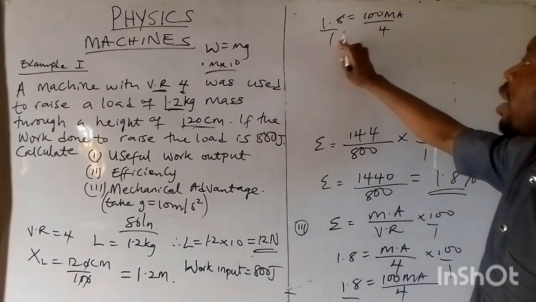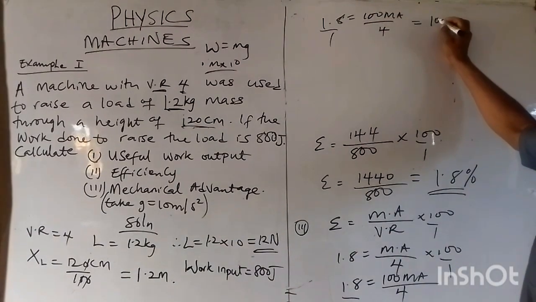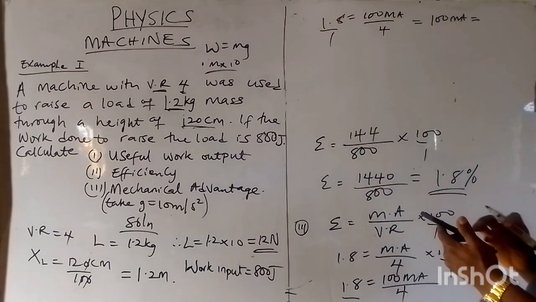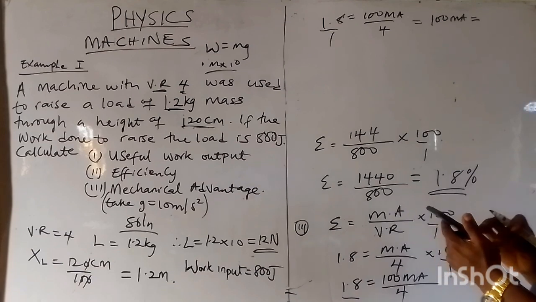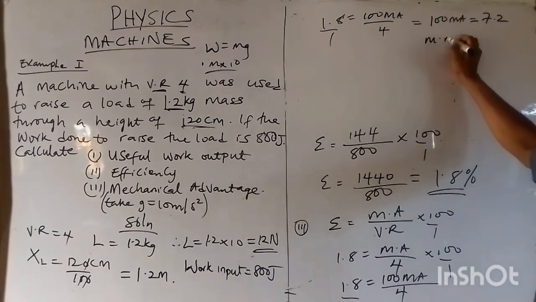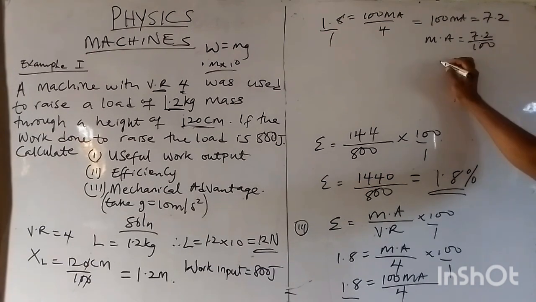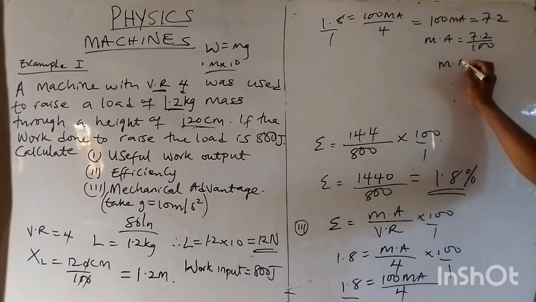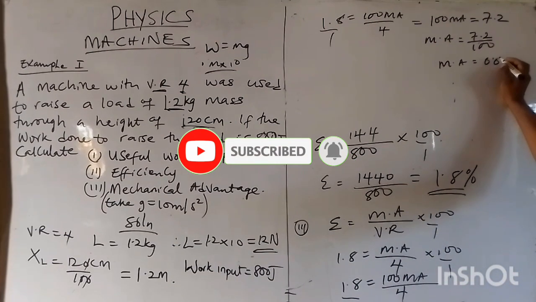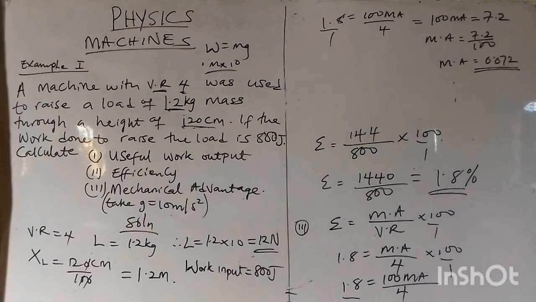At this point, I can cross multiply. 1 times 100 MA will give me 100 MA equals 4 times 1.8. 4 times 1.8 will give us 7.2. Therefore, mechanical advantage is 7.2 all over 100. Mechanical advantage is equal to 0.072. No SI units.